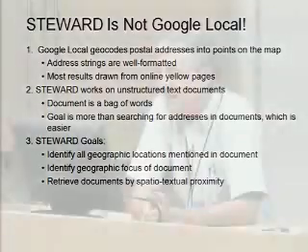So we're saying that STEWARD is not really Google Local, in the sense where it really geocodes postal addresses and places points on the map. And this is not so hard because address strings are generally well formatted and most results can be drawn, let's say, from online yellow pages, things like that. What we're really doing with STEWARD is working on unstructured text documents, where the document is really a bag of words, and the goal is more than searching for addresses in documents, which is really easier.